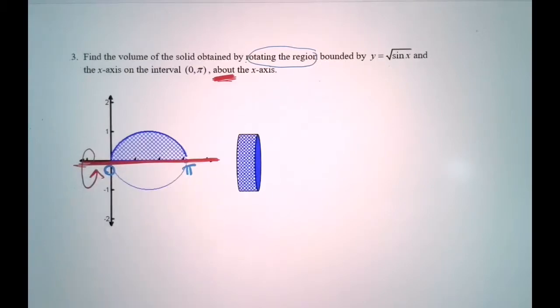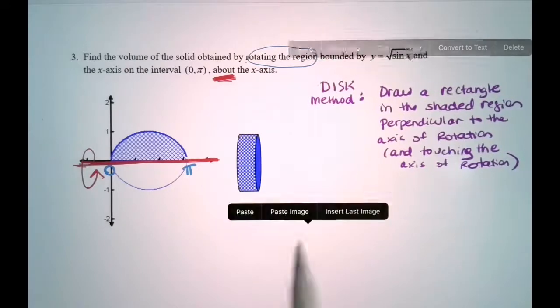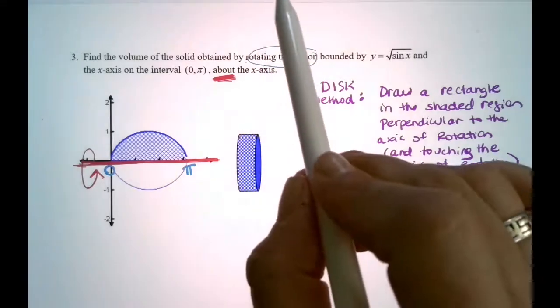Okay. So what I'm going to do is come back once again to what the disk method is. Remember, I'm going to draw a rectangle in the shaded region perpendicular to the axis of rotation that is also touching the axis of rotation. So I'm just going to get in here and do that.